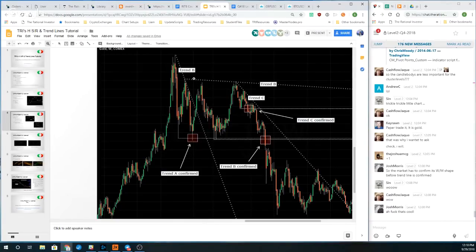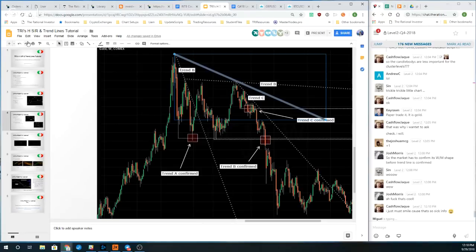Until this level is taken out, it never was. But at the same time, you have to understand that really this is just too steep. And what often happens, and I see this happen a lot with traders, is they'll draw this as a valid trend line, but that is incorrect. Why? Because this high is higher than this high.